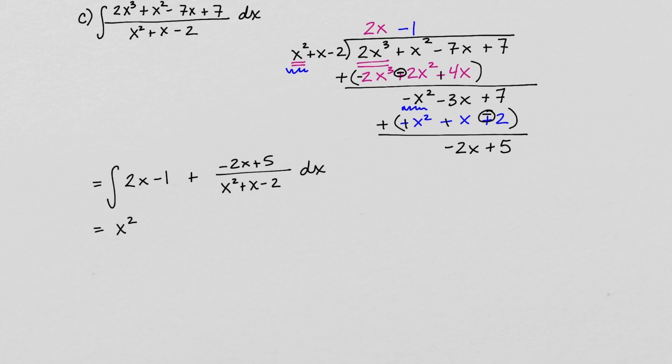So we're going to have x squared minus x plus the integral of minus 2x plus 5 over x squared plus x minus 2 dx. I was able to integrate those first two pieces because I just know how to integrate them, and now I'm left with this fraction piece. On this fraction piece, we're going to do partial fractions. But before we do that, questions about anything I've done so far?